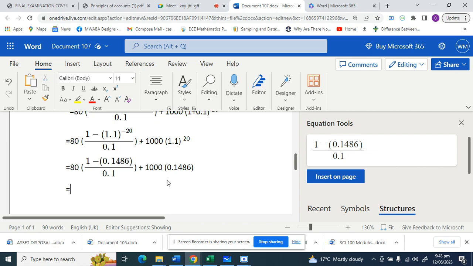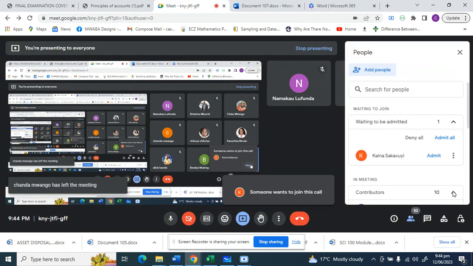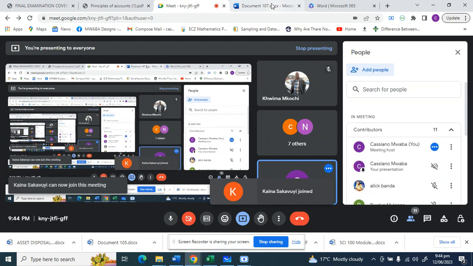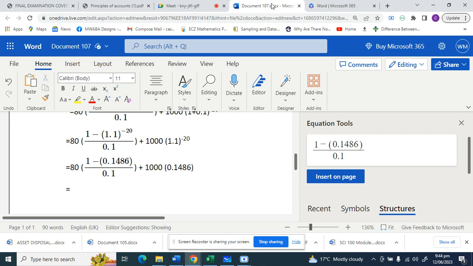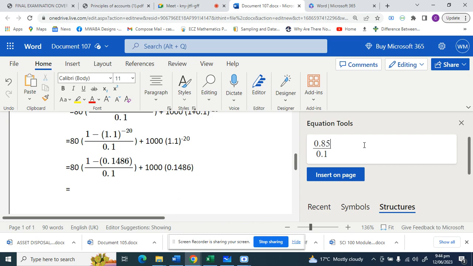What next? 1 minus 0.1486, you get 0.8514.